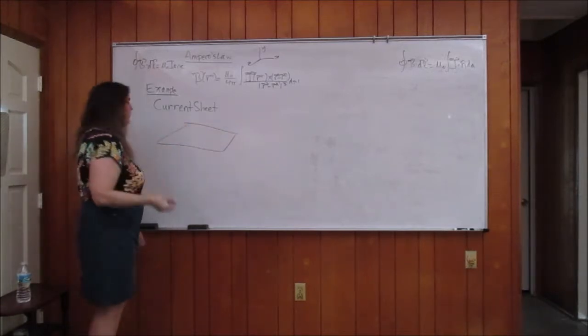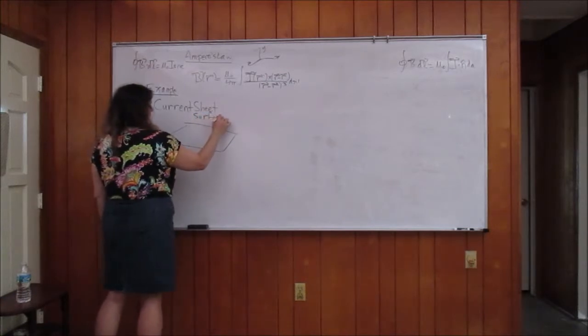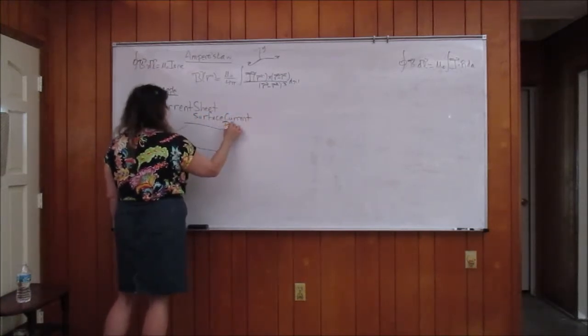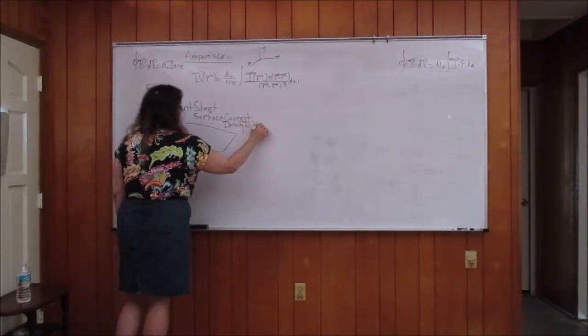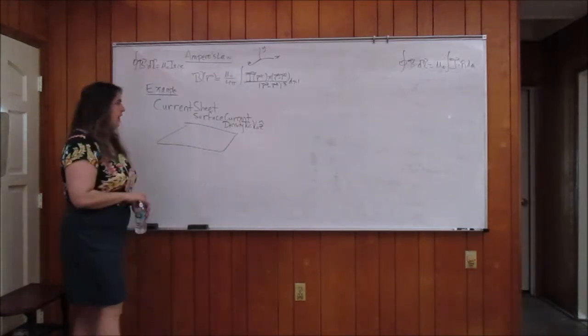Current sheet carries surface current density K. And we'll assume that the current is flowing out of the board.